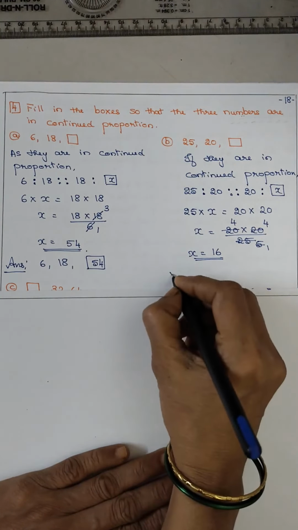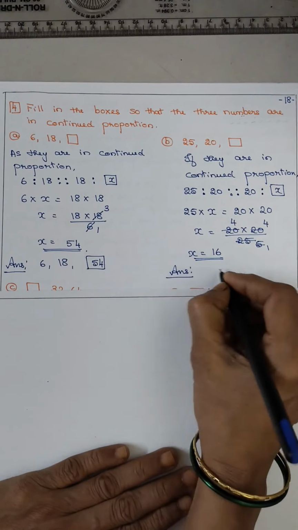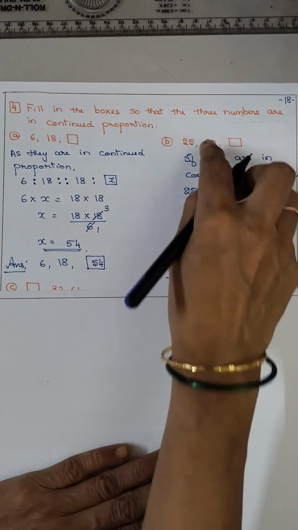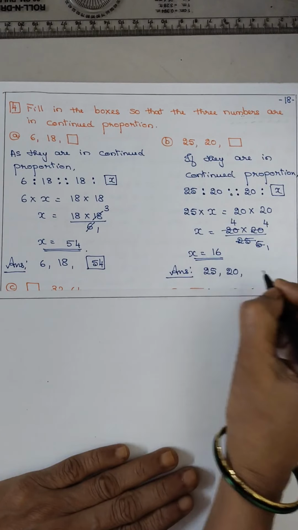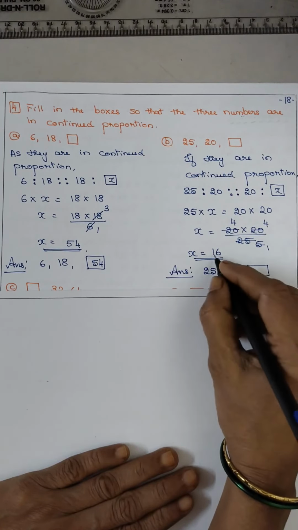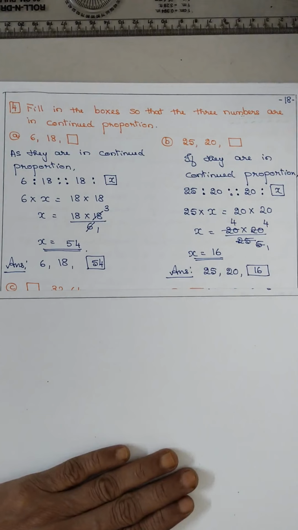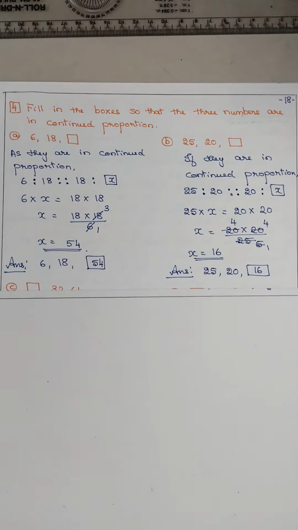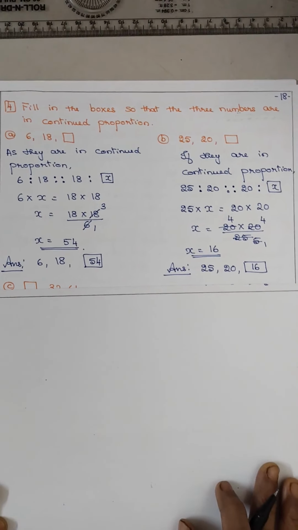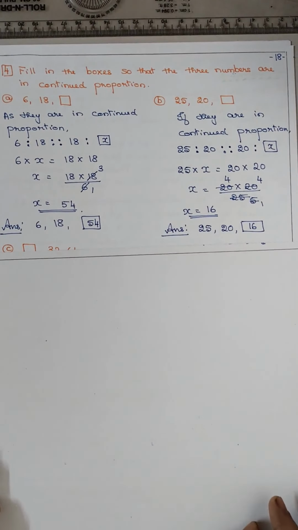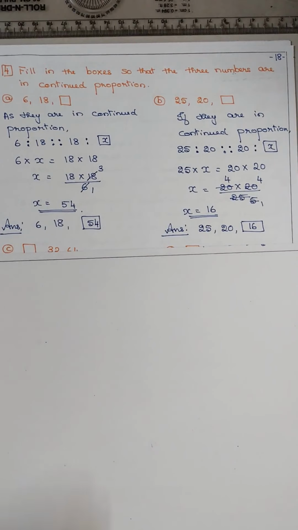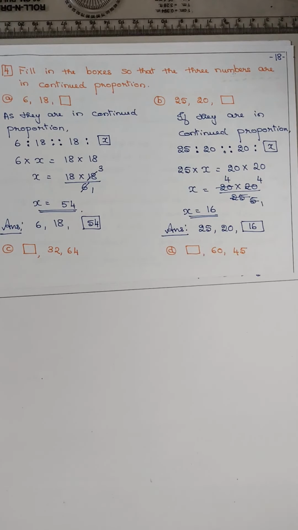So the answer will be 25, 20 and then box, box is 16. Are you clear with the sums? 2 sums we have done. Just like the proportion to find the value of the box, same way but extra step. In the beginning you have to write one extra step.